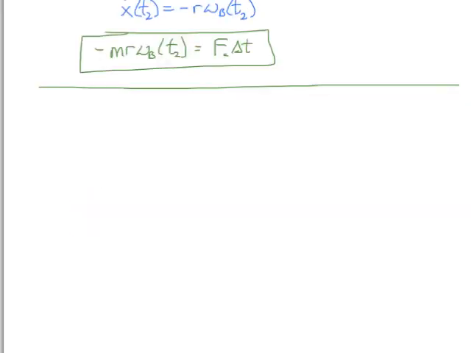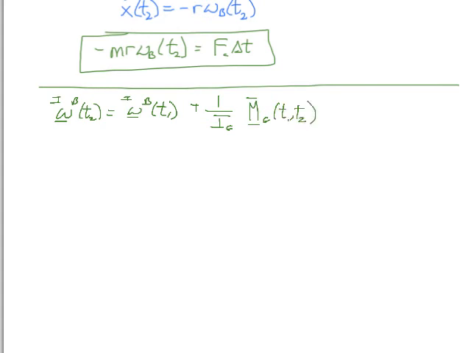Next we apply our impulse momentum relationship that's rotational, and that's omega b as observed in I at time 2 is equal to omega b as observed in I at time 1 plus 1 over the moment of inertia multiplied times the impulsive moment from time 1 to time 2. We know that the angular velocity of b as observed in I is equal to omega in the b3 direction.